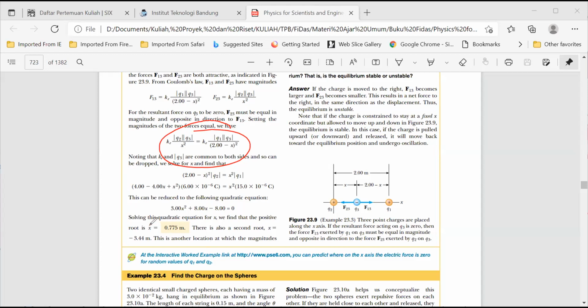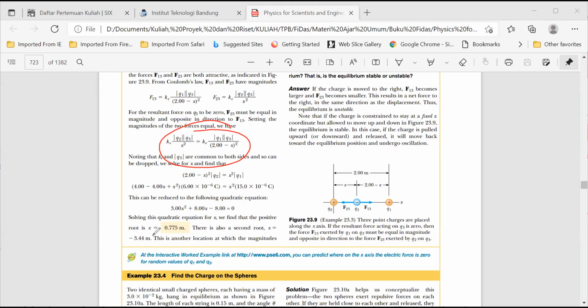The first root is positive, but there is also a second root, which is minus 3.44. So let us see which solution is physical.